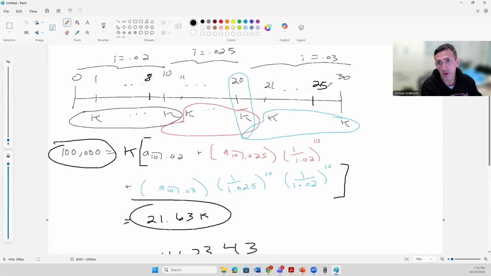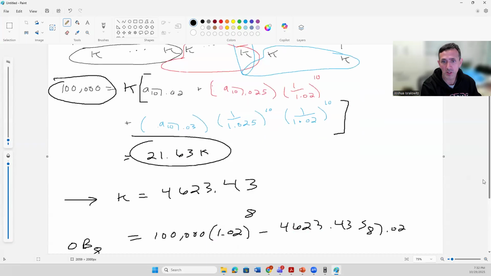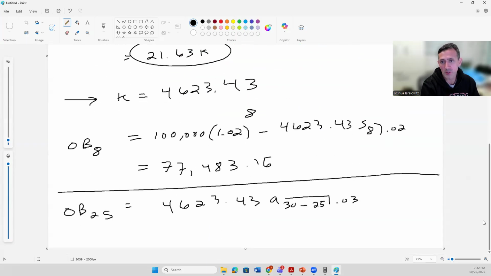Interest rate after 25, which is 3%. And remember what this is saying. This is just the present value of my 5 payments. So this is kind of just saying how much you owe is the present value of your last 5 payments. Makes sense.